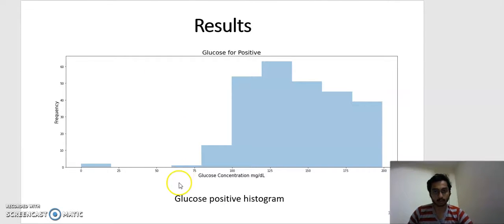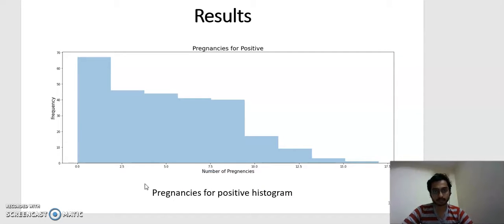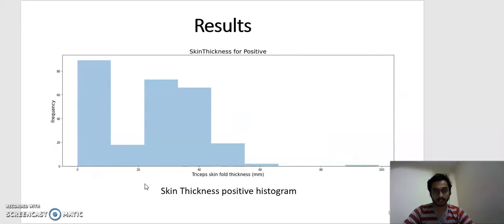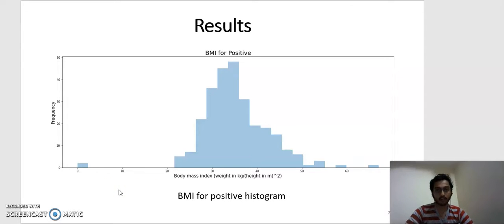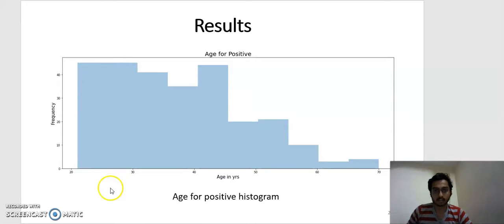This is glucose level for positive patients, pregnancies for positive, blood pressure for positive patients, skin thickness of all positive patients. This is insulin level for positive. This is body mass index for positive. This is diabetes pedigree function for positive patients. This histogram is for age for all the positive patients.